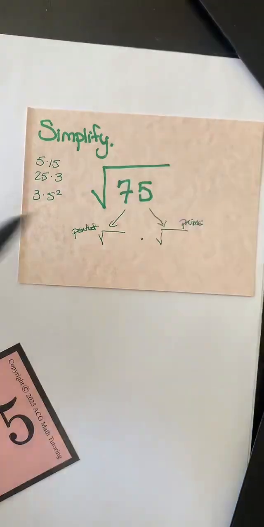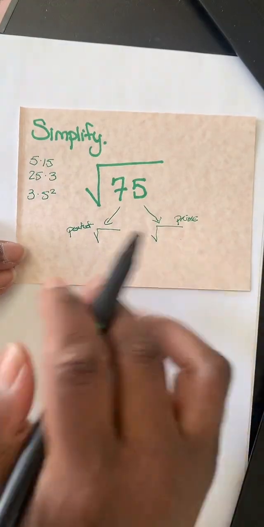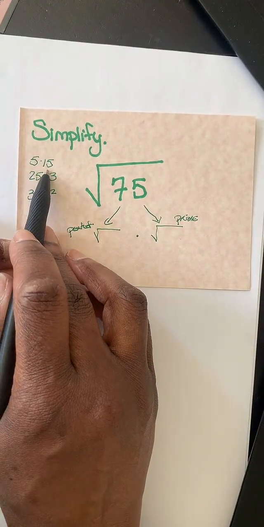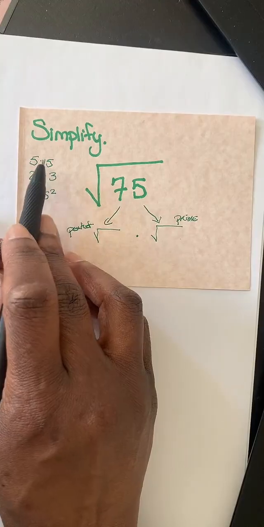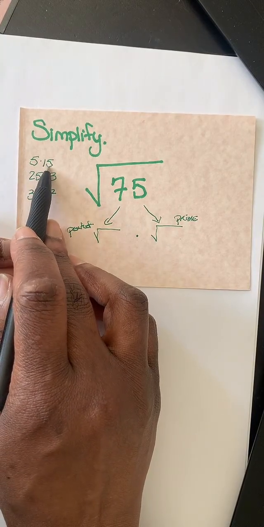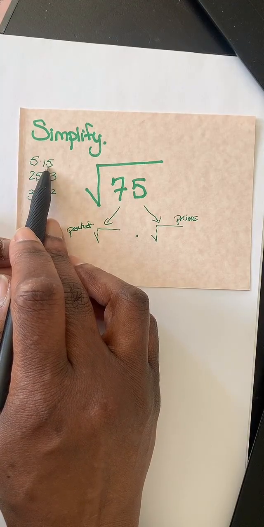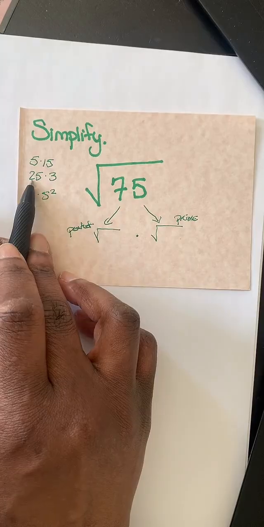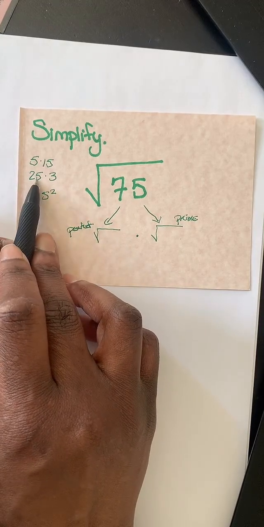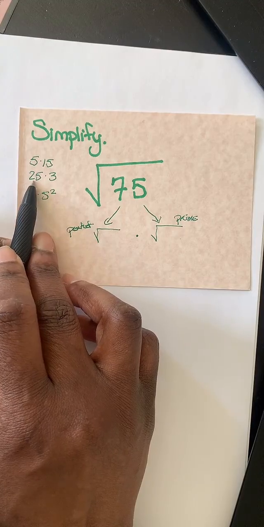So the best one that will work for us in this case, yeah, 5 and 15 can work, but then I still have to break down the 15. 5 is prime, but 15 is not a perfect square because the only way I can get a 15 is 5 times 3. Whereas 25 and 3, 25 is a perfect square root because 5 times 5 gives me 25.